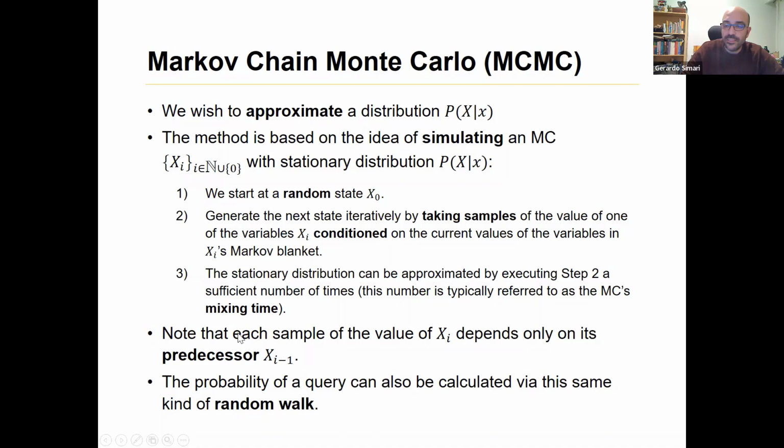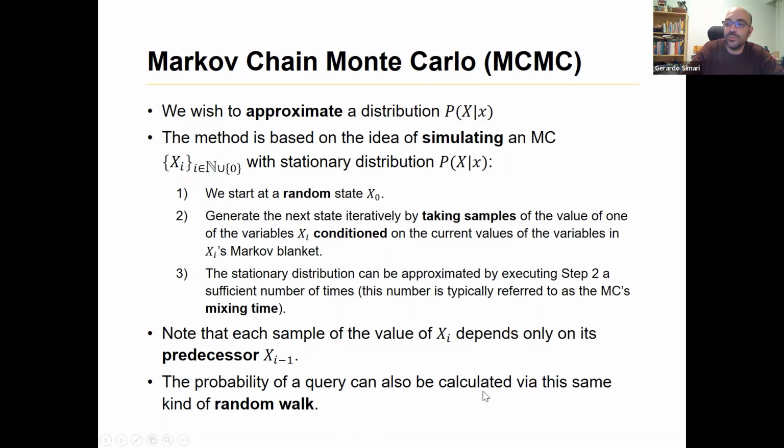And the interesting thing about this is that because it's a Markov chain, each sample depends only on its predecessor. So all you have to do is do it a lot of times, but it's a simple thing to do. So it's a really simple calculation.